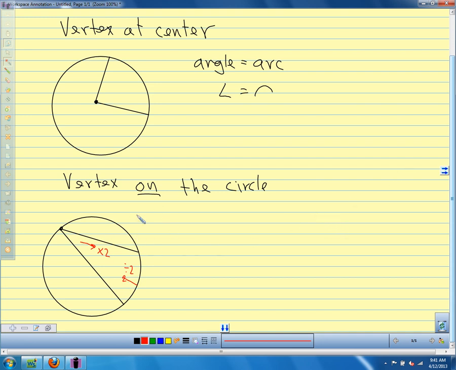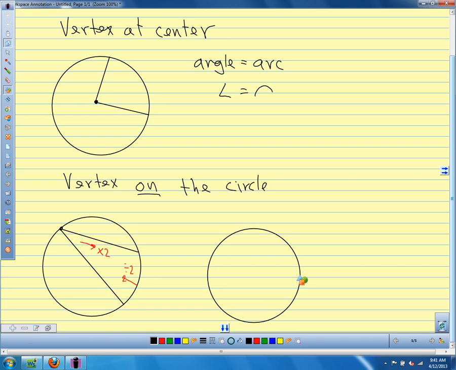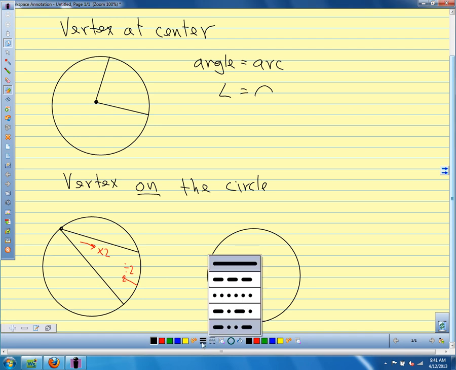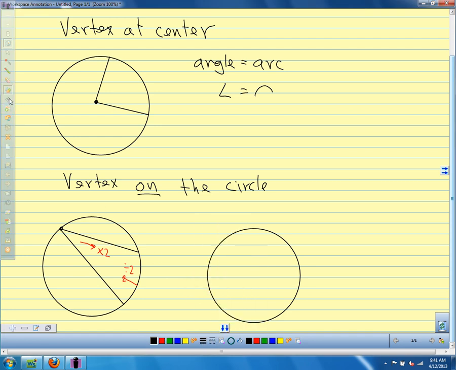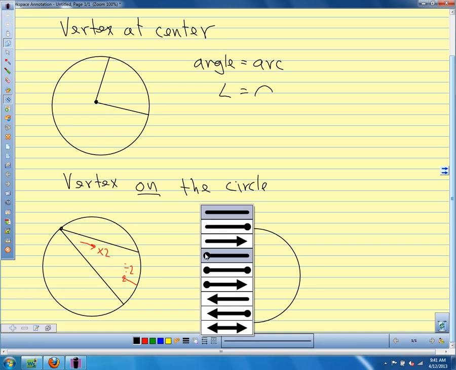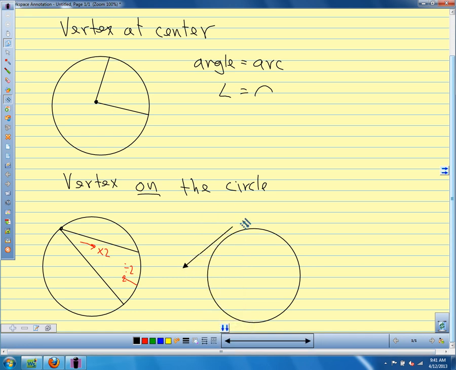This rule also works anytime the vertex is on the circle. So I could also have my angle arranged where one side is a tangent. So let me draw that picture. One side of my angle is going to be a tangent like so. And the other side is going to be just a chord.